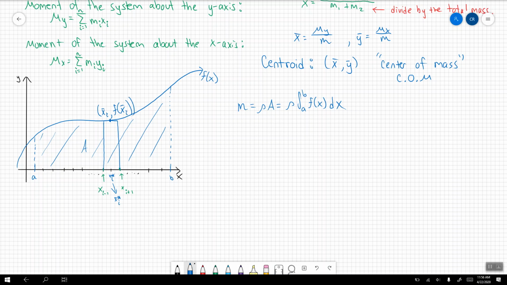Nice. So what I want to do at this point is try to find the centroid of this specific rectangle. That's my goal right now, to find the centroid of the rectangle containing x sub i average, or we could say x sub i star.